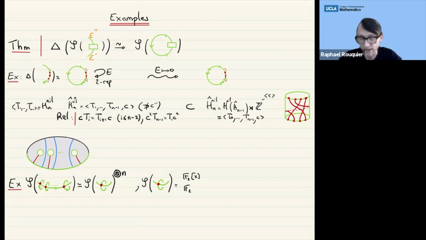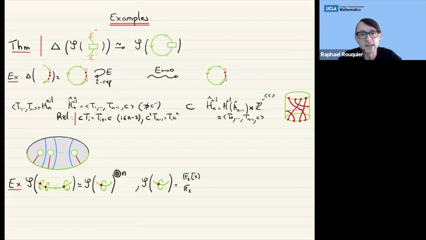If you look at the categories that I called A earlier, you would get the affine symmetry group, the n-periodic permutations of Z. Here we get a nil version of that. In terms of classical Hecke algebras, what we have is the nil affine Hecke algebra, the nil Hecke algebra of the Coxeter group A(n-1) hat.